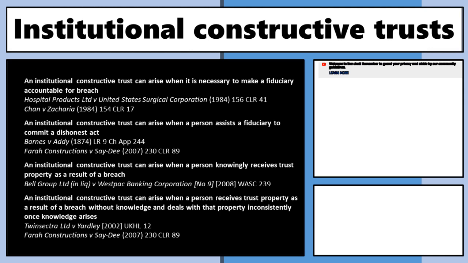And so we call these rules the knowing assistance rule and the knowing receipt rule. Those acronyms, you're probably just going to have to remember from this point forward, because in your exam, that's all you have to write. It's called the knowing assistance rule and the knowing receipt rule. So you're going to see those acronyms in some of the slides going forwards, because I'm going to take a break after this one.